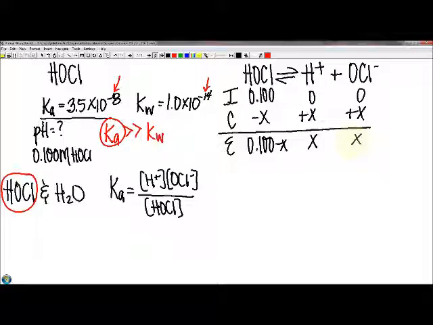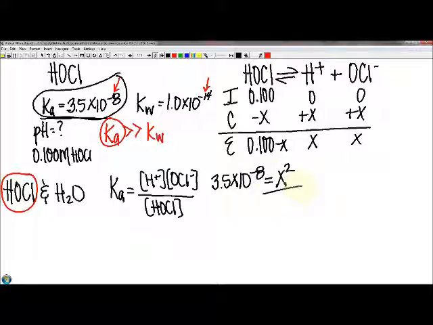Okay, so on this, we're going to make our assumption because we're dealing with very small numbers because we have this really small Ka. Okay, so I'm going to plug it in as if I'm already assuming. So we have 3.5, this is our Ka given in the problem, times 10 to the negative 8 equals, it's x times x, so I'm just going to go ahead and put x squared over.